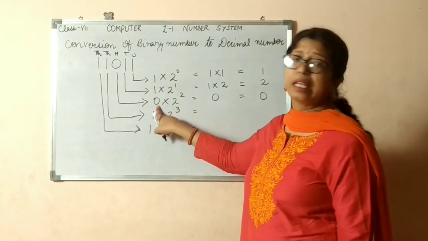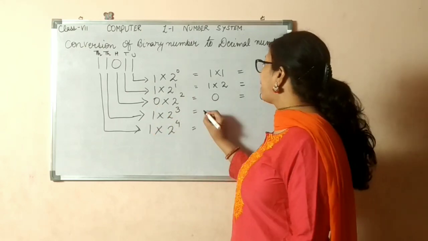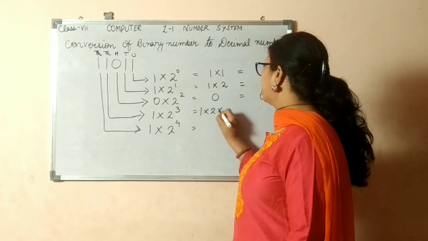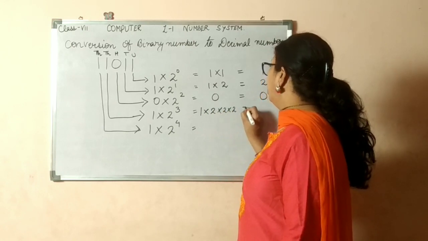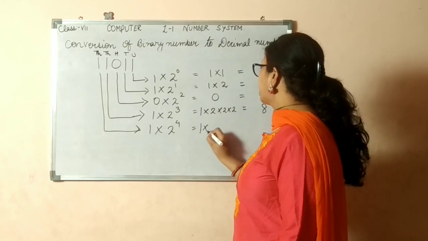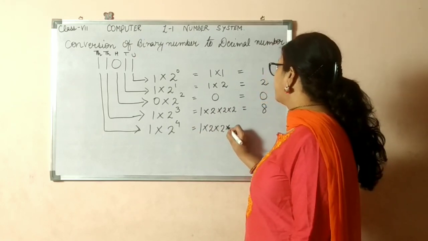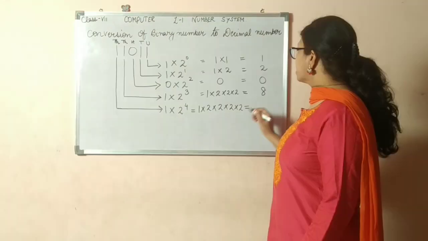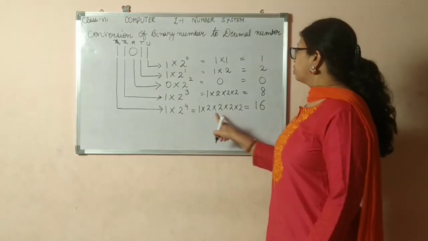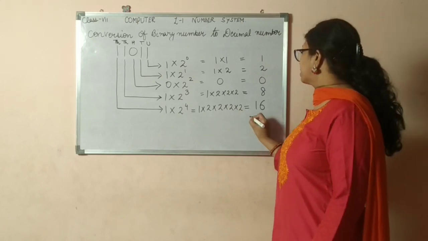If I multiply any number with 0, the value will be 0. Here 2 raised to the power 3 is 2 into 2 into 2. 2 2s are 4, 4 2s are 8, and the next value is 1 into 2 raised to the power 4. That means 2 is repeated 4 times: 16. So if I multiply 2 four times, I will get 16.